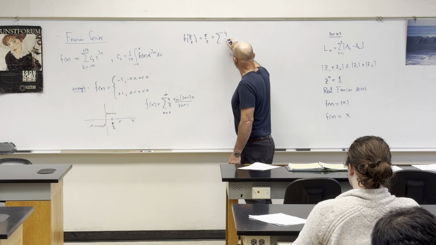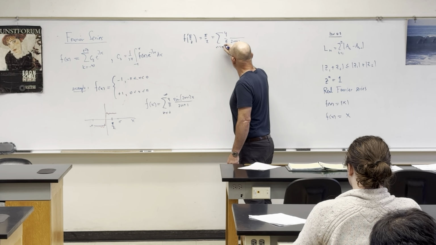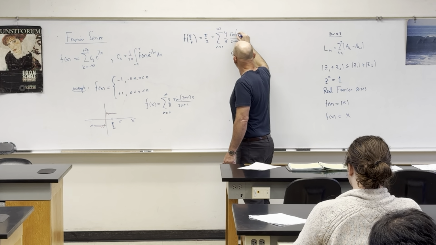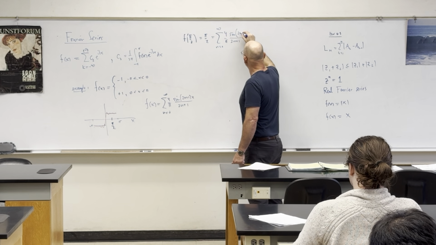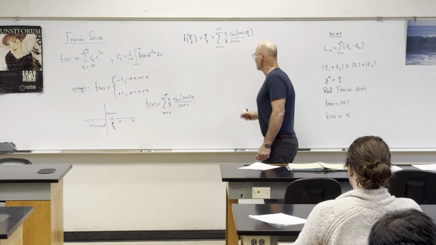So we've got 4 over pi, 1 over 2n plus 1, and then sine of 2n plus 1 times pi over 2.